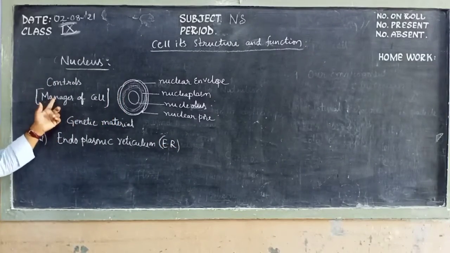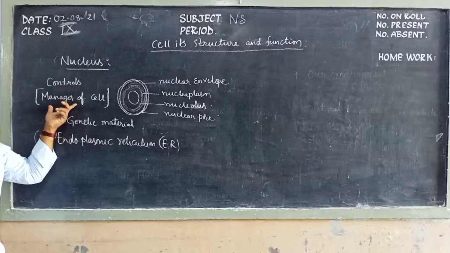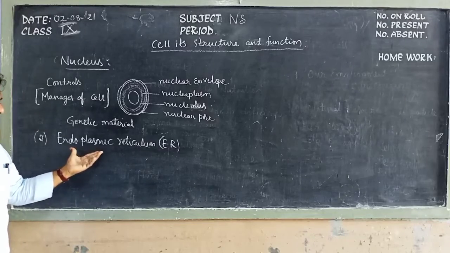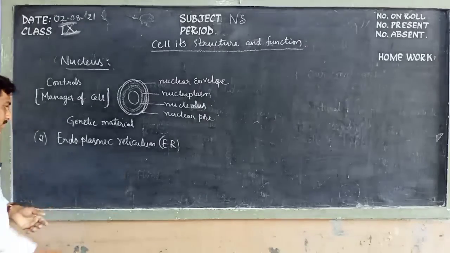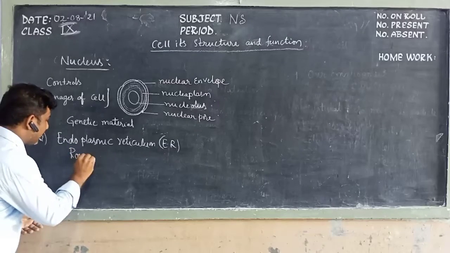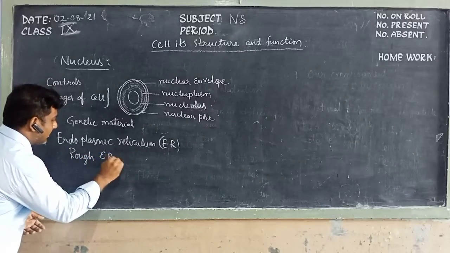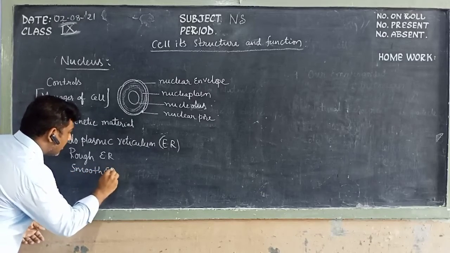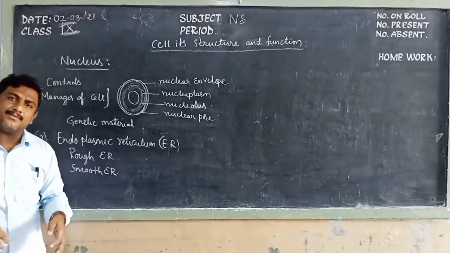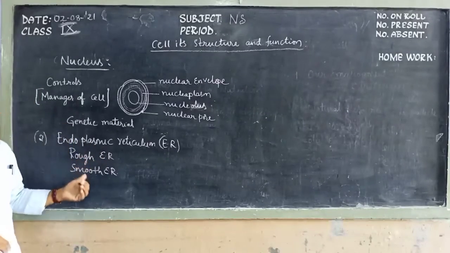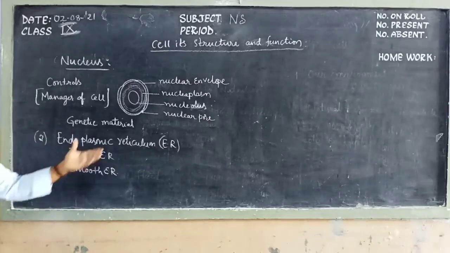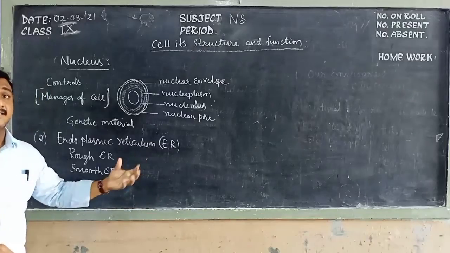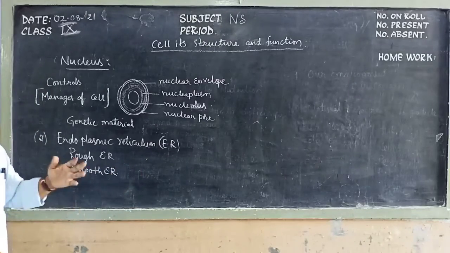Whatever instructions the nucleus gives to control the cell, the endoplasmic reticulum obeys. There are two types of this reticulum. One is called rough endoplasmic reticulum, written as RER, and the second one is smooth endoplasmic reticulum. How can we differentiate the endoplasmic reticulum into rough and smooth? See, in this cell there is a protein synthesizer, a cell organelle called ribosomes.